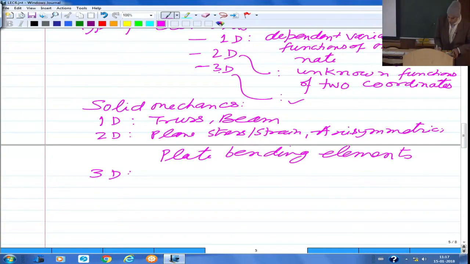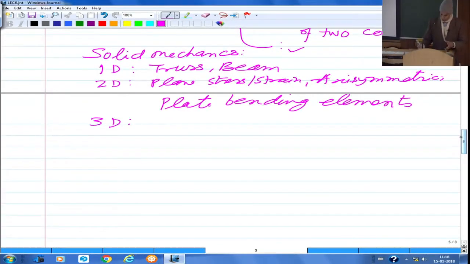And then of course 3D elements are essentially volume elements, and there are no approximations as far as the variation of field variables within the domain is concerned. Still there would be other approximations about the material behavior, range of strains, boundaries and so on, but here usually we call these brick elements.